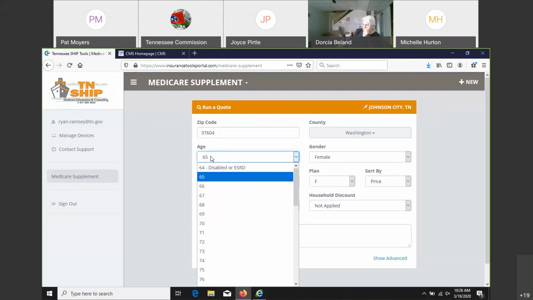If that person is about to become 65, it is easier to just put 65. The reason being, if nobody is aware, is that if you are below the age of 65, these Medigap policies can be 3 or 4 times their normal price.